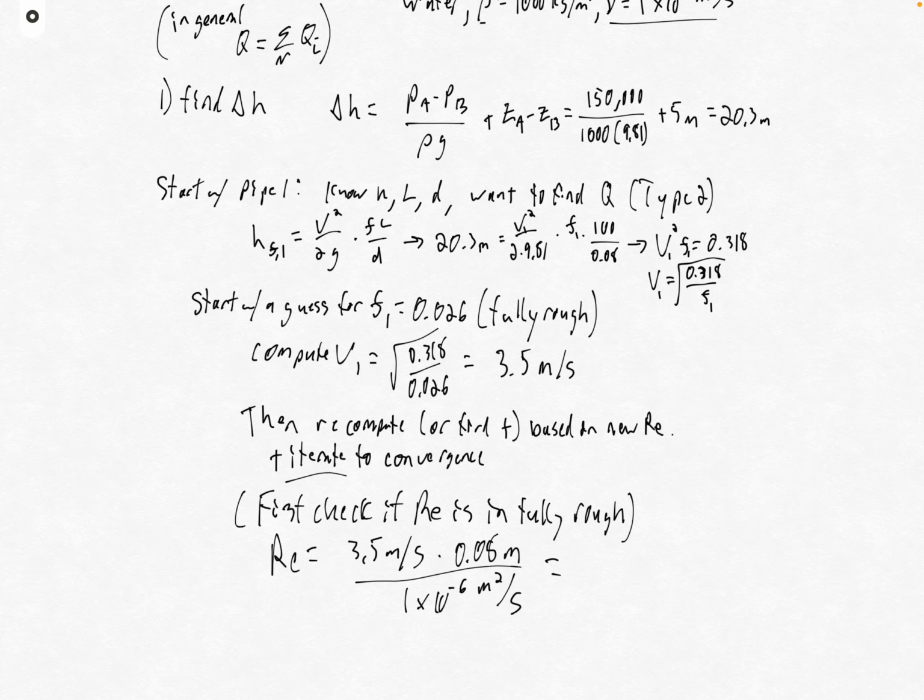So 3.5 times 0.08 divided by 1 times 10 to the minus 6. That's going to give us a first Reynolds number of about 273,000.